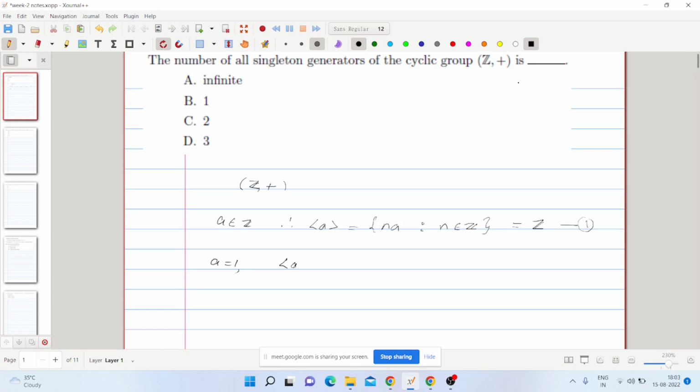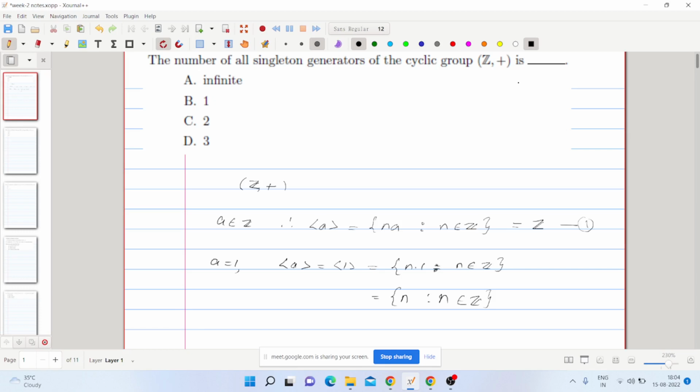So what will be the subgroup generated by 1? That is the set of all n times 1 such that n is an element of Z. This is the same as the set of all n such that n belongs to Z. What is this set?